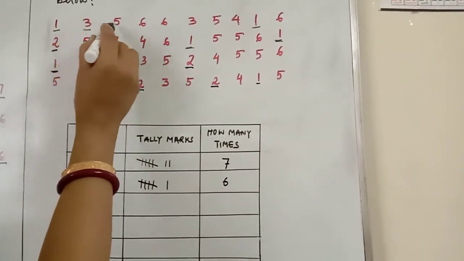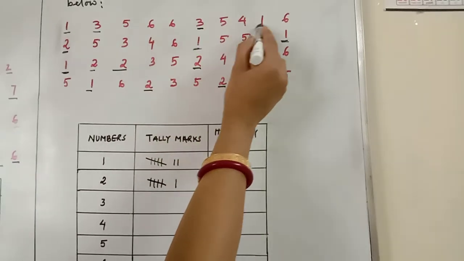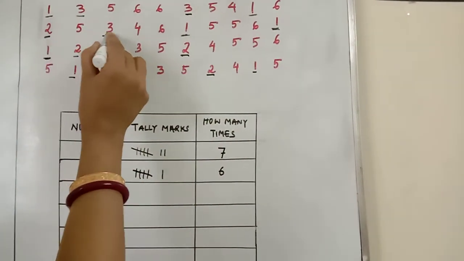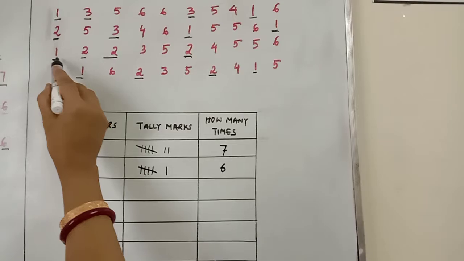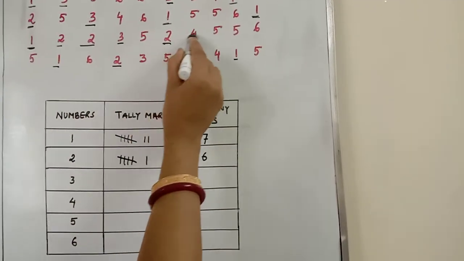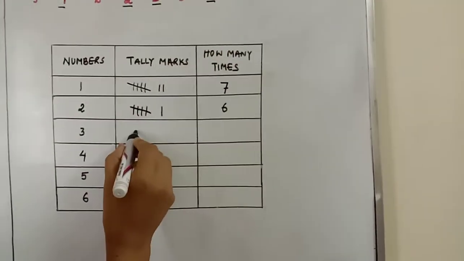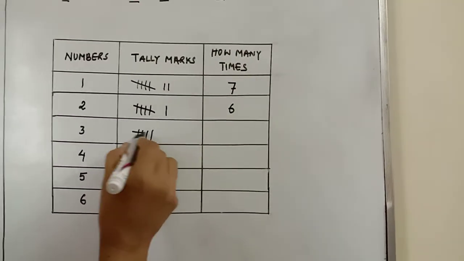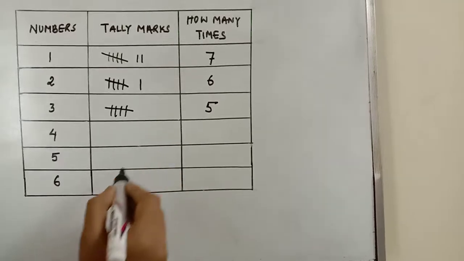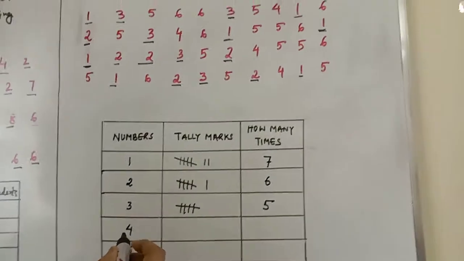Now 3. How many times will 3 come? 1, 2, 3, 4, 5. So 1, 2, 3, 4, 5. The number is 5. Now 4.